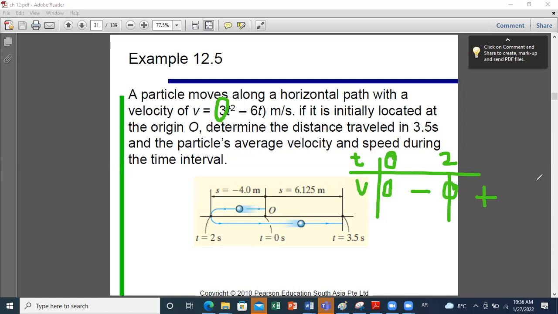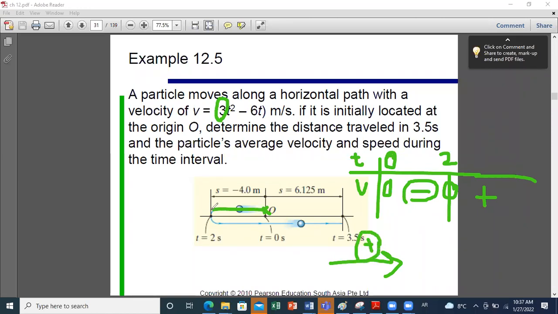So now, from this simplified analysis, I can say that at t equals 0, I was at O. Between 0 and 2 seconds, my velocity is negative. This means that I'm moving backward. So if I take the positive direction to the right, then between 0 and 2 seconds, I am moving to the left.